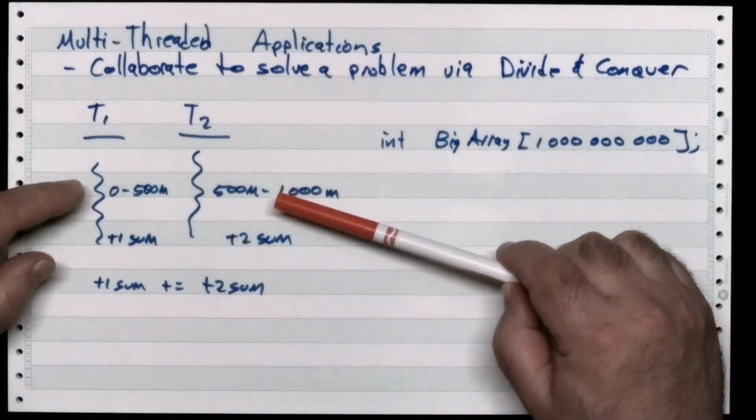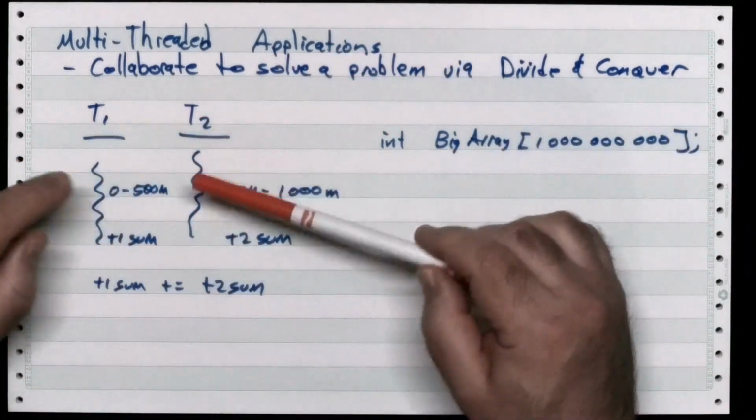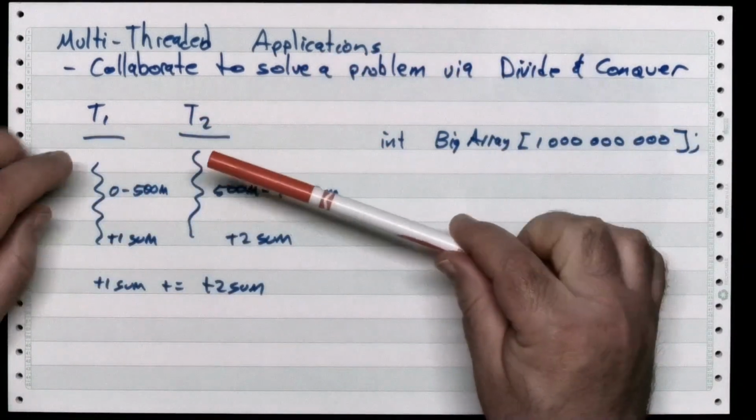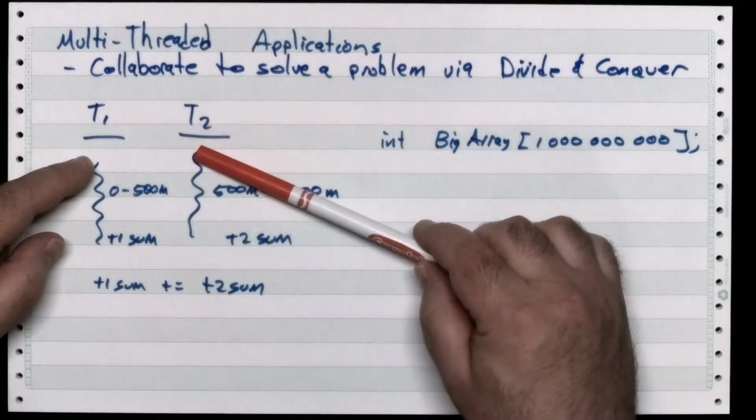So how do you do this sort of thing? Well, we'll leave spawning these threads as a subject for another discussion, but assuming they're both running, they're both going to do their job.